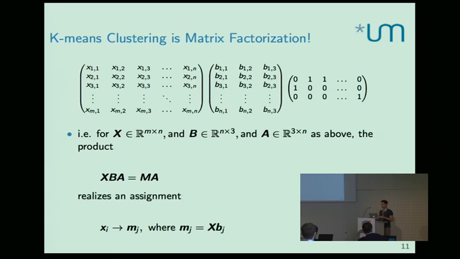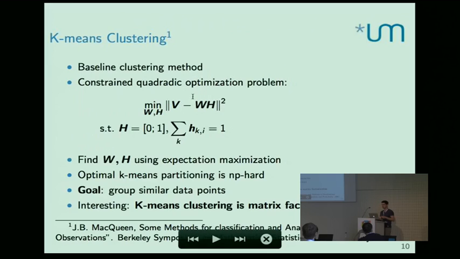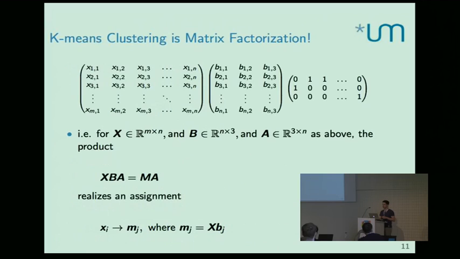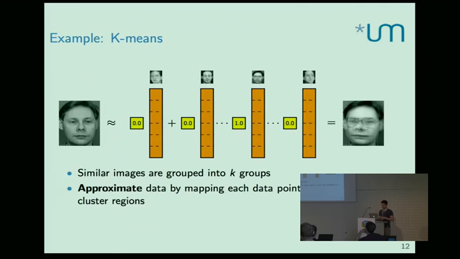So at the end, you end up with a matrix W that has the cluster centroids in each column, and the matrix H where you have the assignment vectors. This is why you can easily see that k-means clustering is nothing else than matrix approximation or matrix factorization. Basically, you always realize an assignment of data points X to a set of cluster centroids, right? And this is just by imposing these constraints and otherwise using that formula.